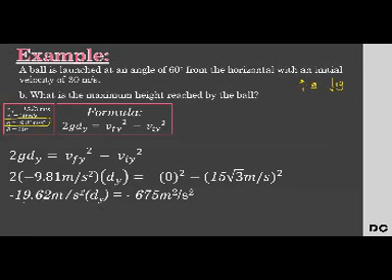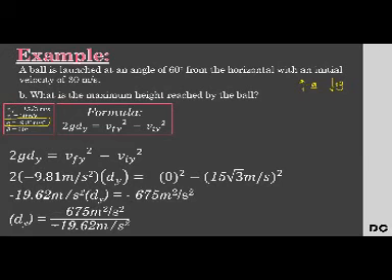Okay, next is to transpose negative 19.62. So dy is equal to negative 675 divided by negative 19.62. So if we divide, that is equal to 34.403 and so on meters.